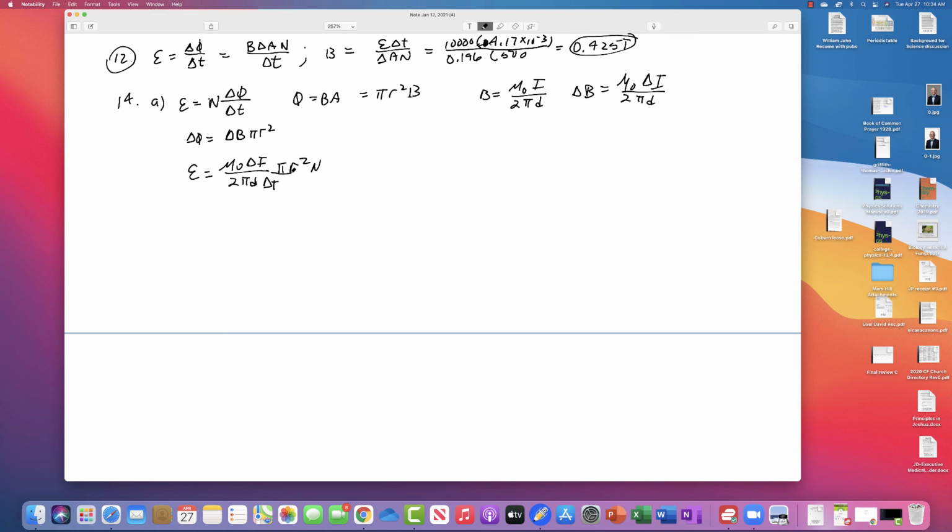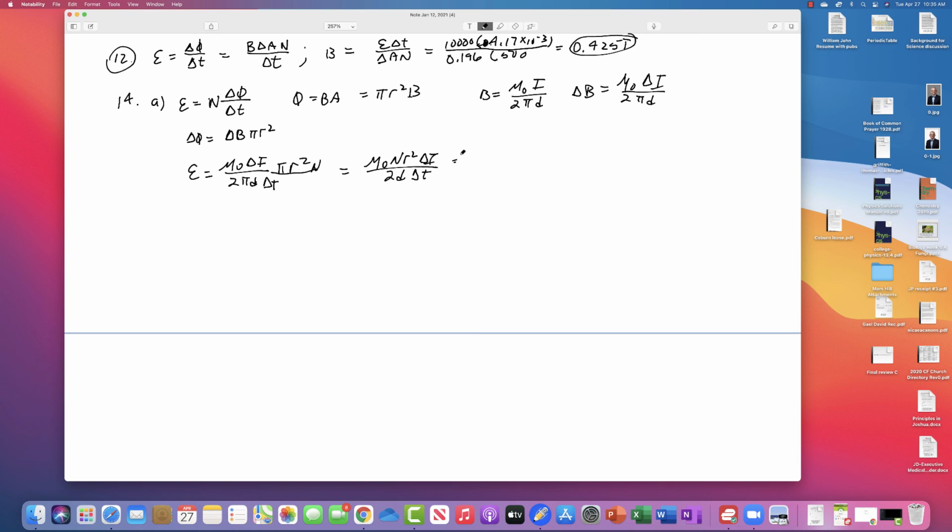Got to have delta t in here. Which equals mu 0 n r squared delta I over 2d delta t. The pi's cancel out.